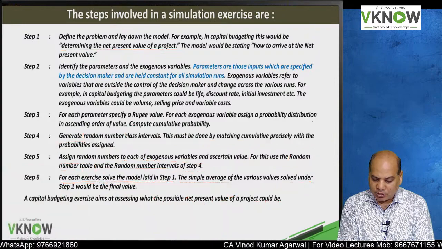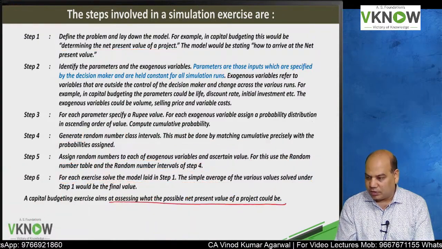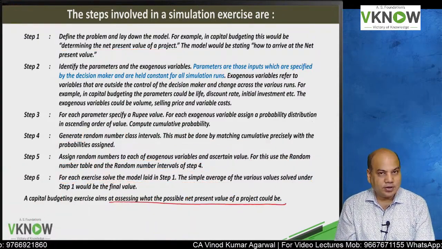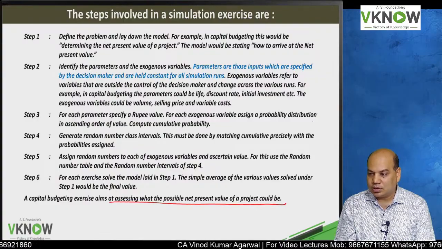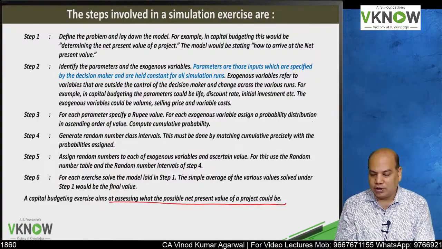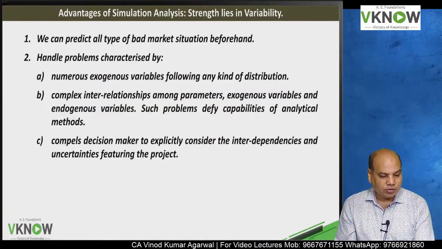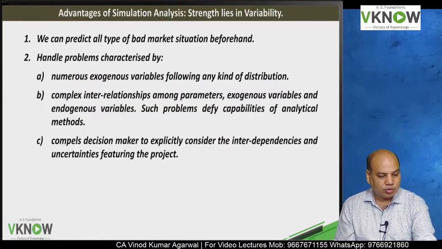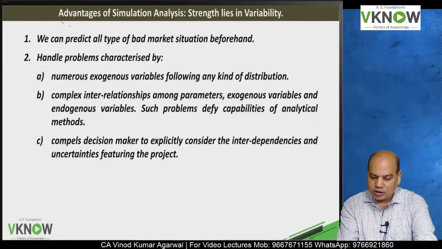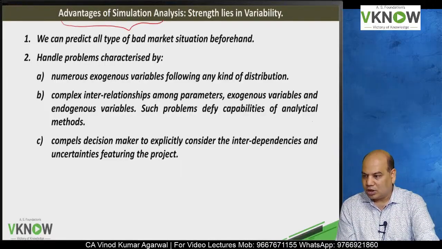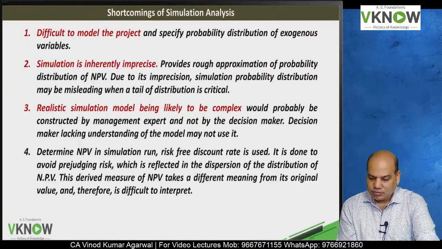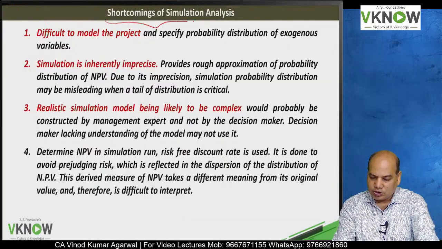So in capital budgeting, my model is NPV. For different situations, the purpose of simulation can be different, but we are going to restrict ourselves to simulation only. Today you do one small homework: read the theory questions, advantages of simulation and shortcomings of simulation.